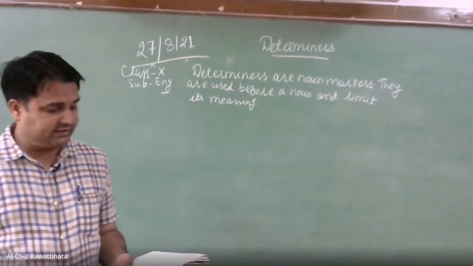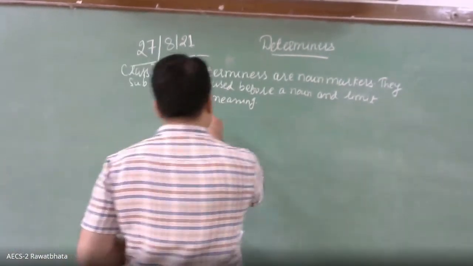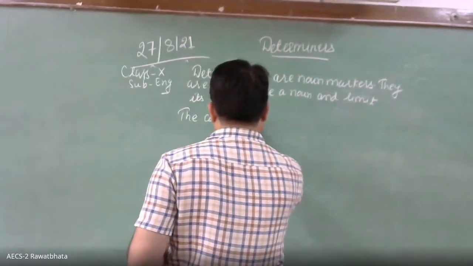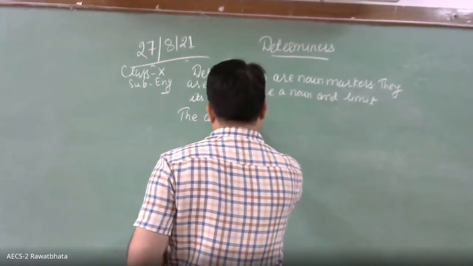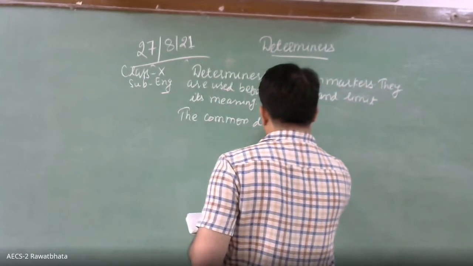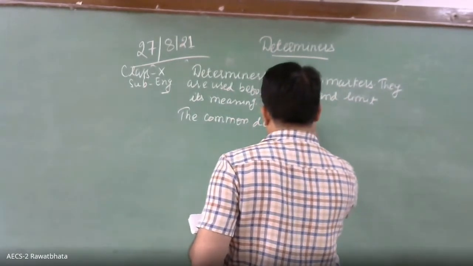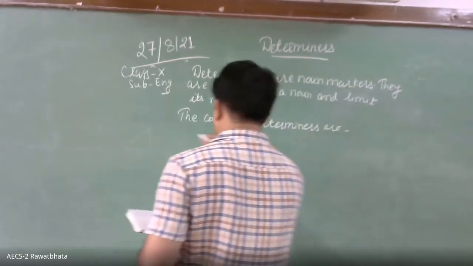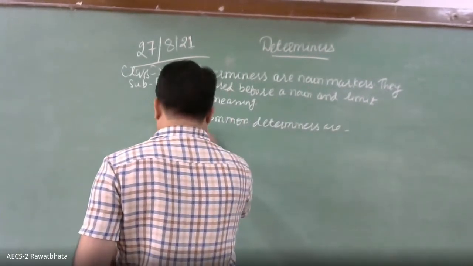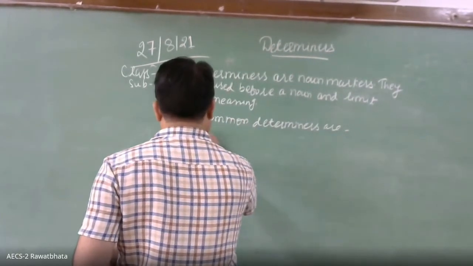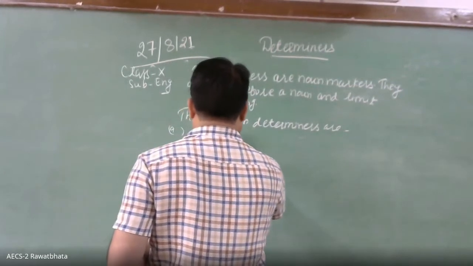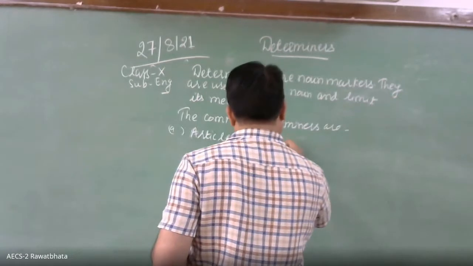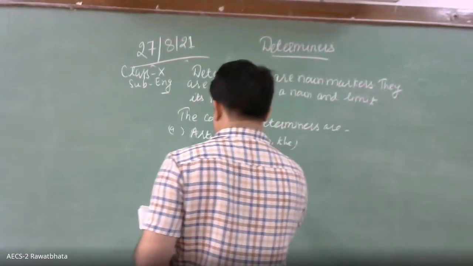Now you just write the common determiners. The common determiners are articles: a and the.